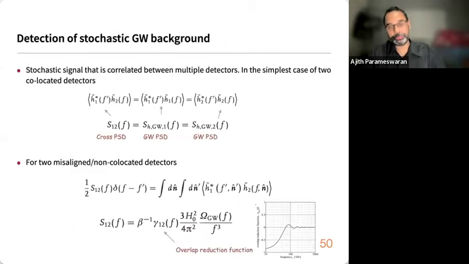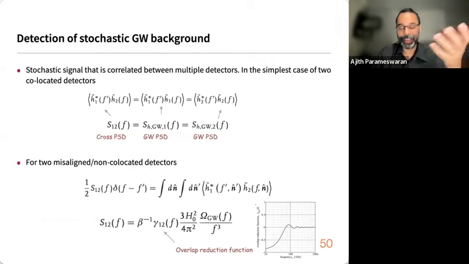And finally, the detection of the stochastic gravitational wave background. Here, unlike any of the sources that I mentioned earlier, the signals themselves look like noise. They look like stochastic processes, so one cannot use any of the techniques that we described earlier.